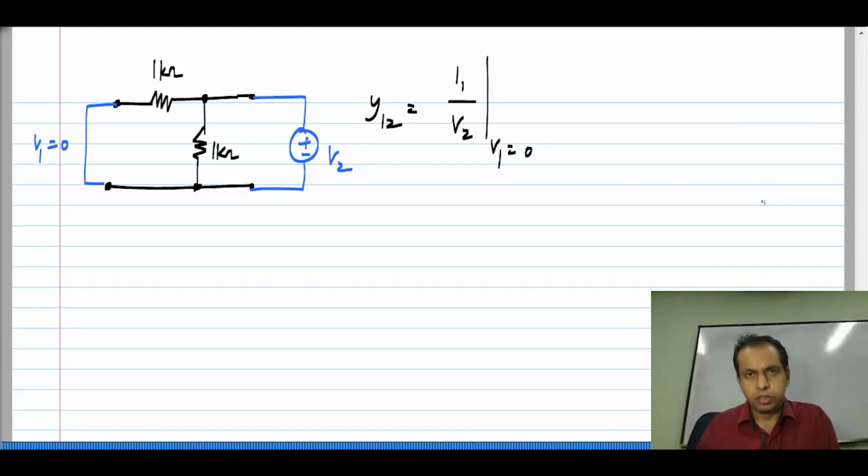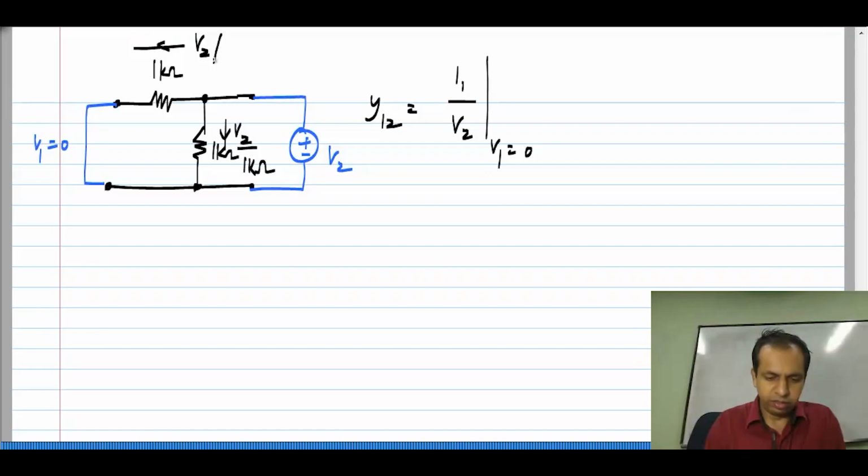Okay. So, if I apply V2, what happens? First of all, there is a current V2 by 1 kilo ohm in that direction, and there is a current V2 by 1 kilo ohm in that direction. and the current that goes in here is the sum of the currents in the two resistors, which is V2 by 1 kilo ohm times 2. Okay. It is basically this plus that.